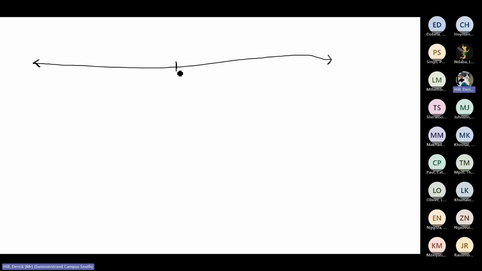So let's put a 0 over here, and we have a 3 over here, and we have a minus 2 over here. So at this point, we have 0. At this point, we have 0. And at this point, we have 0. So I want to know if I have a value in this interval, is it less than 0?